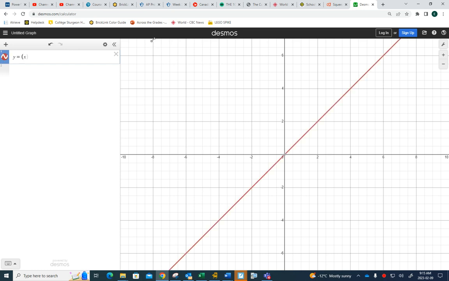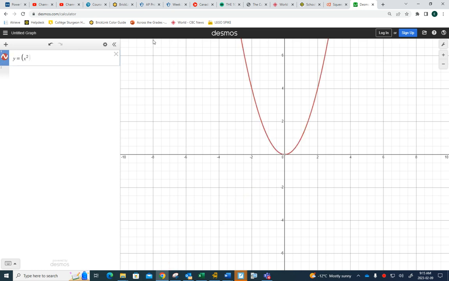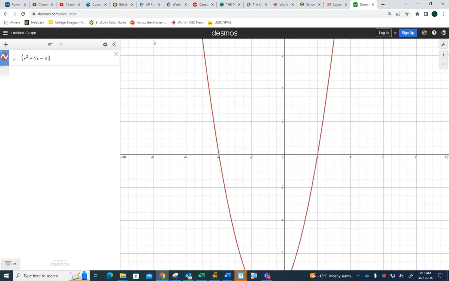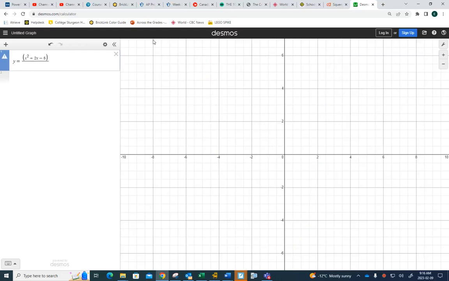So I'm going to type it in to Desmos, x squared plus 2x minus 8 divided by square root, SQRT makes a square root, and then it draws it for you. That's kind of cool.